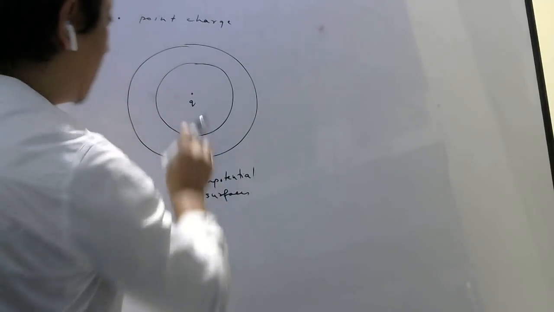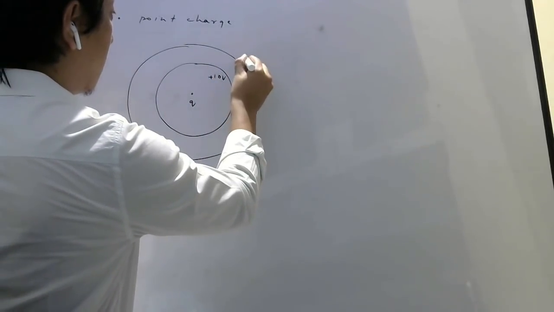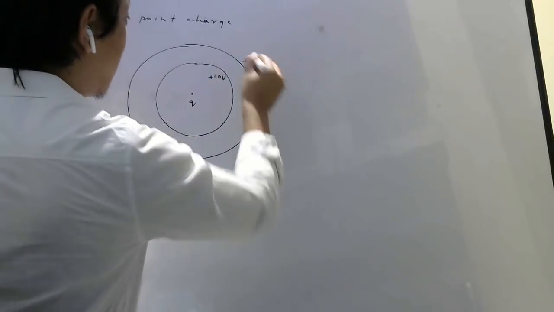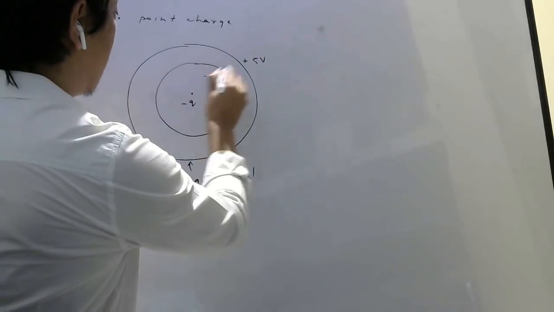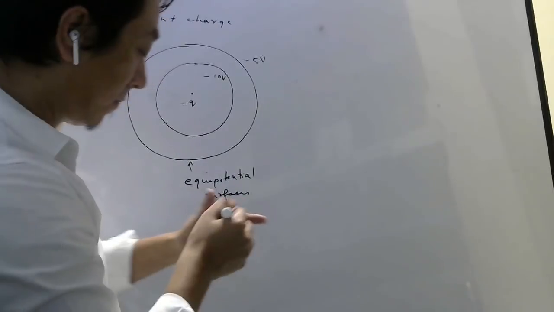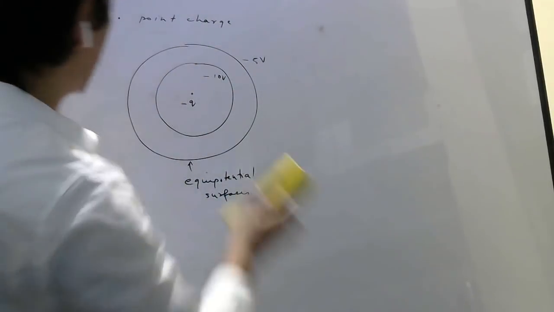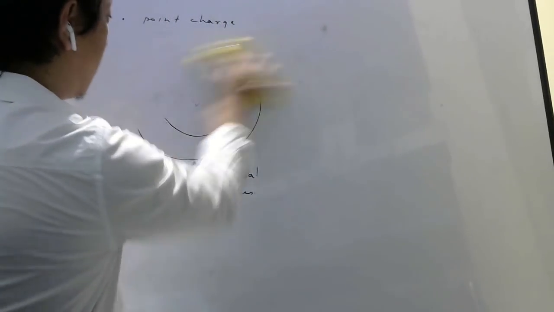Only difference is, if it is a positive charge, say this is plus 10 volt, with distance it will decrease, so plus 5 volt. If it is a negative charge, it will be minus 10 volt, minus 5 volt. So minus 5 means it will increase. Okay. So for a point charge, how will you draw? Spherical. Already I have explained to you.